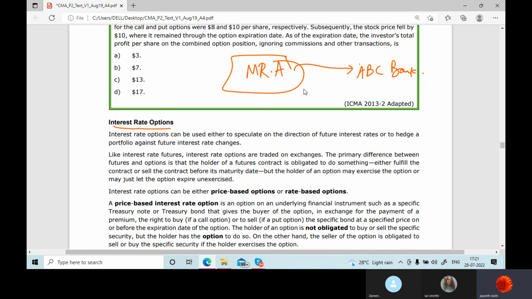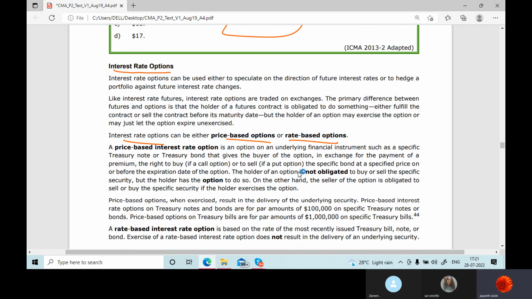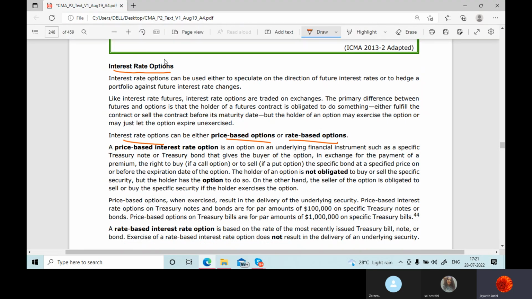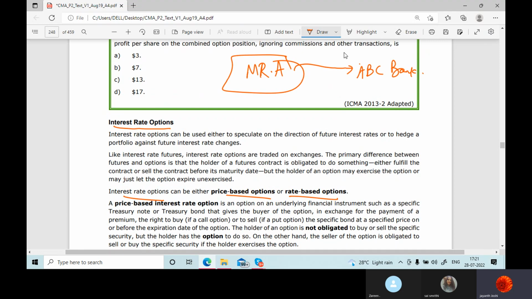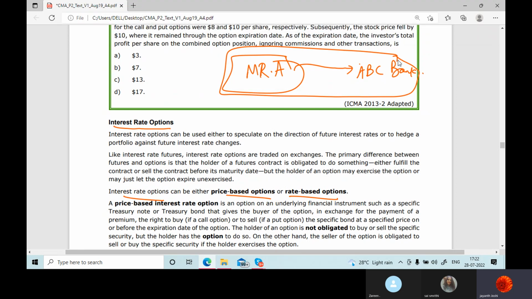There are two types of options when it comes to interest rate: price based options and rate based options. I'm not taking the example of Mr. A and ABC Bank, because you will get confused with forward agreement and forward rate agreement.